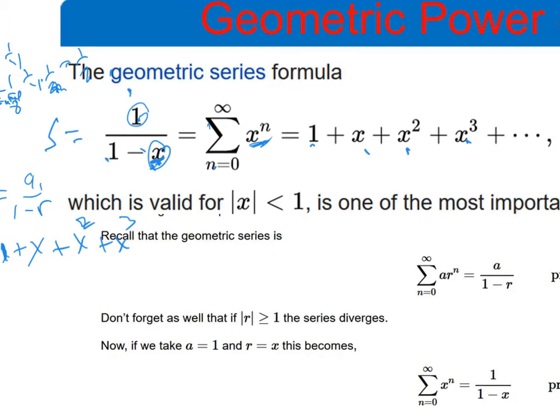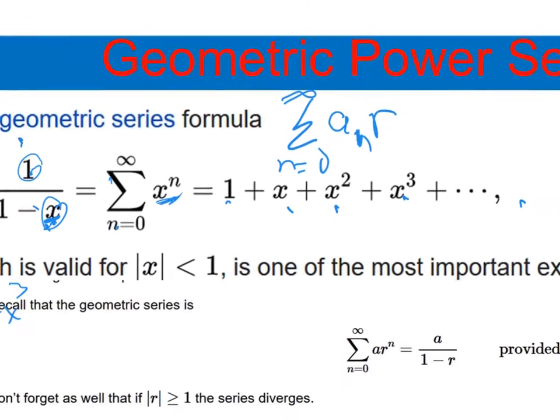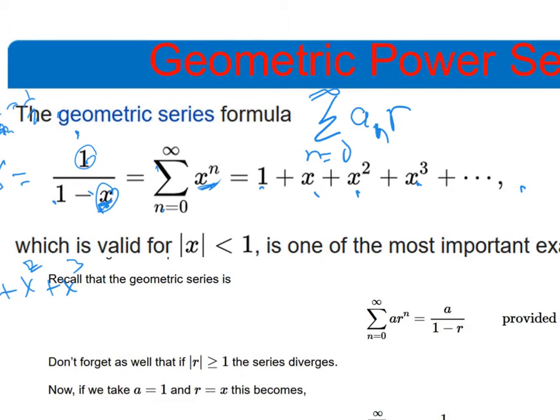Well, that's easy. Because generically, when we go 0 to infinity, we are always taking my original first constant, a sub 1, times r. I should say a sub n, because the first one was a sub 1. Now you might be asking yourself, how is that equal to the summation of x to the n?